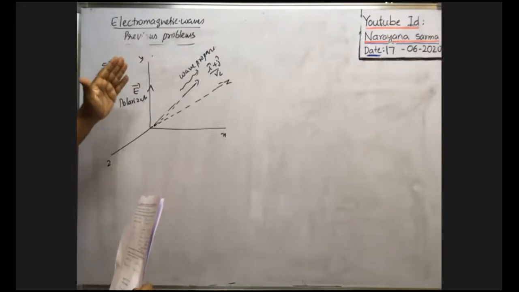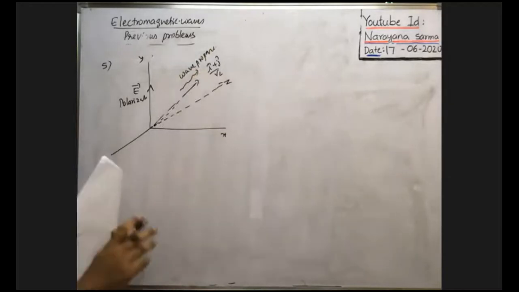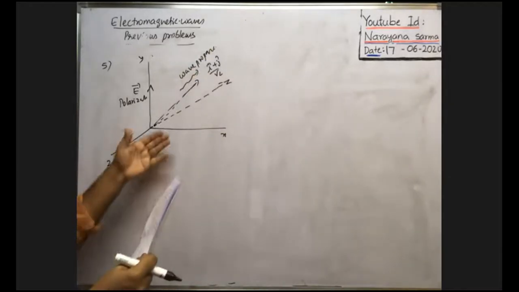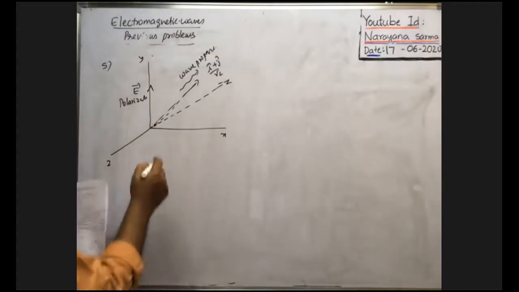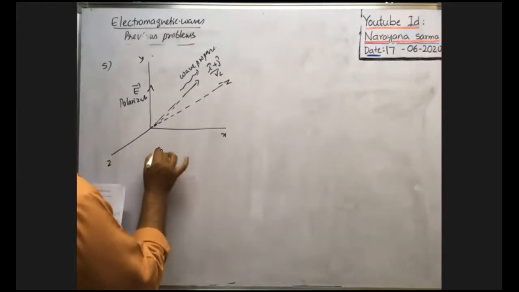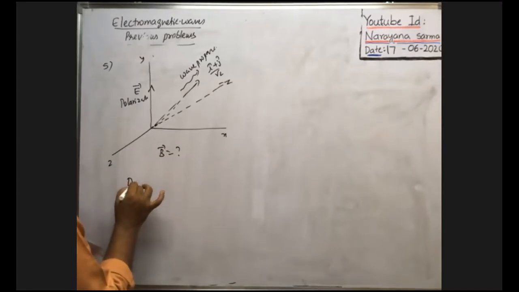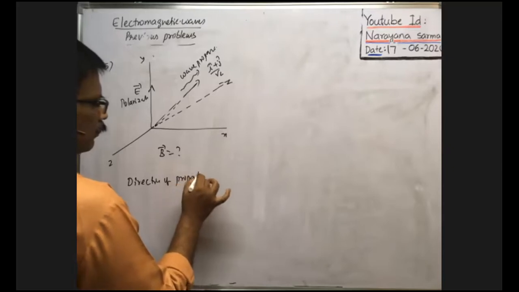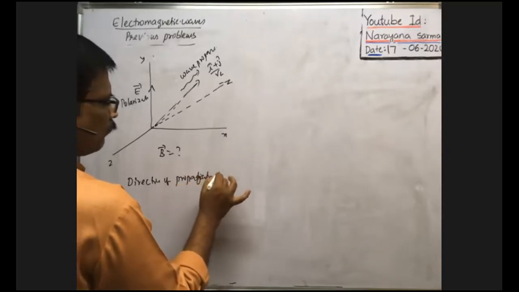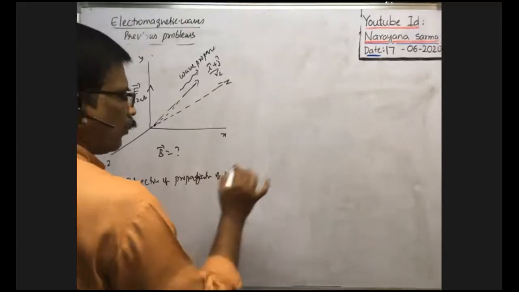Next, the electromagnetic wave travels in the xy plane along this direction. Then what is the direction of the magnetic field? They asked for B bar. Here we already know the direction of propagation of the wave. What is the direction of propagation?